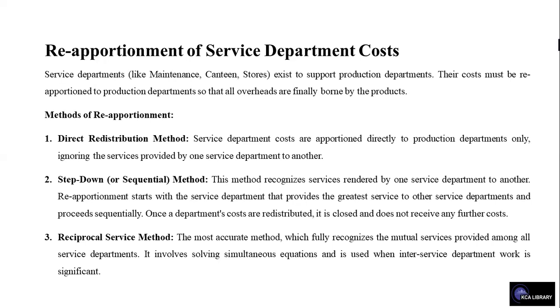The step down or sequential method recognizes service rendered by one service department to another, and reapportionment starts with the service department that provides the greatest service to other service departments and proceeds sequentially. Once a department's costs are redistributed, it is closed and does not receive any further costs.